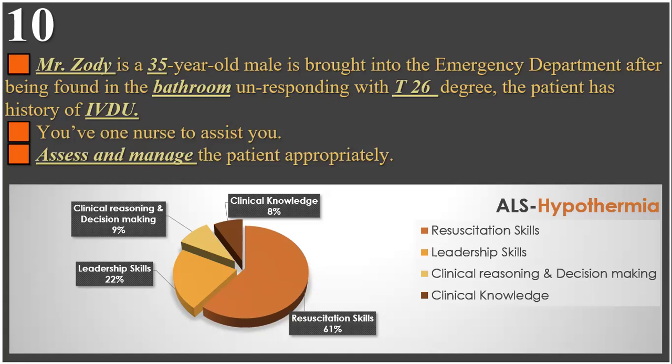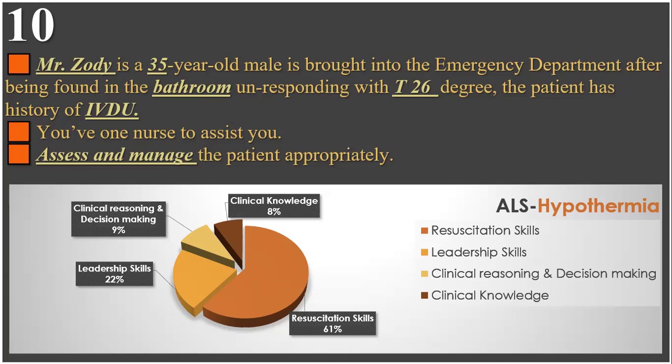You should consider for the H's and T's that the most likely problem is hypothermia and toxins. Why? Because it is mentioned already in the scenario. If IV drug user. If you did not find IV drug user, don't mention toxin. So you can say the most likely problem is hypothermia.